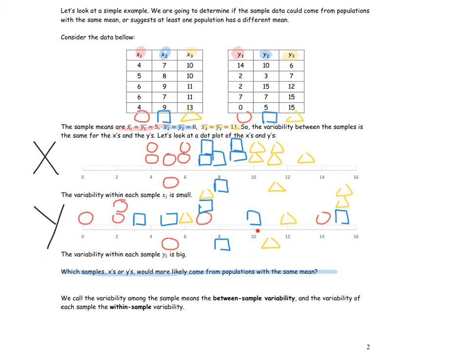So the Y's have more wiggle room because their data is all spread out. So for all we know, the means are actually the same. Let's write that down. Well, we could just write the Y's more likely come from populations with the same mean.